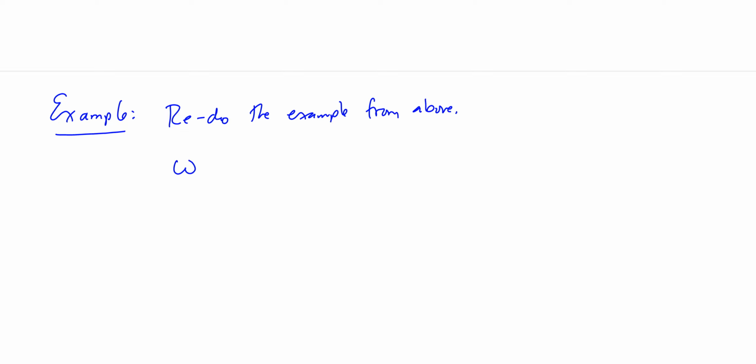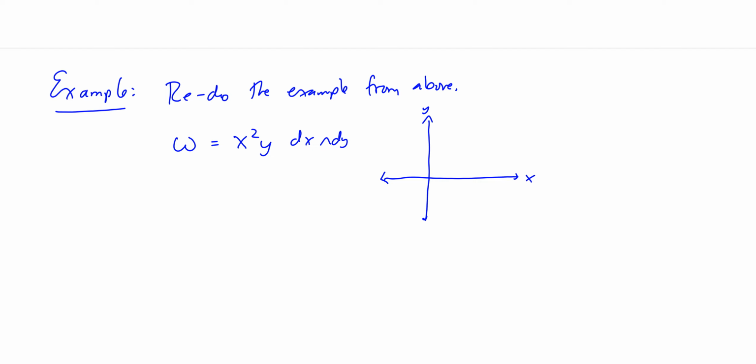If you remember in that case, we had omega is x squared y dx wedge dy, and our surface S was just given by this triangle here, where this was y is equal to 1 minus x, and this was our S.